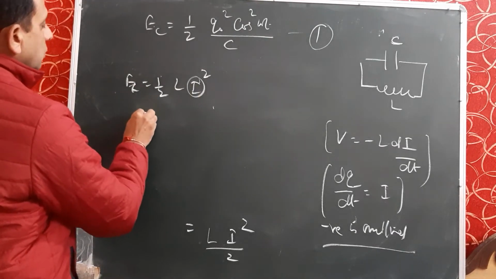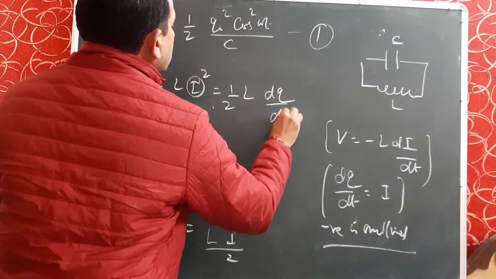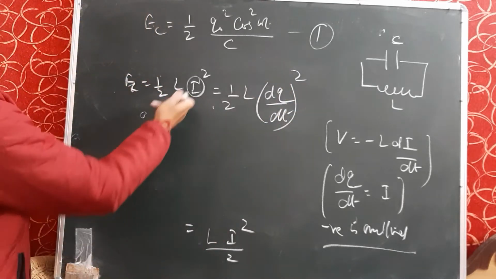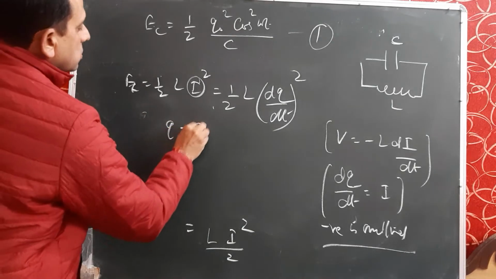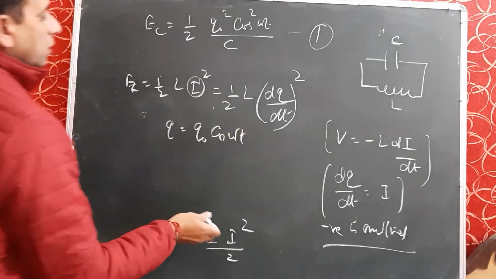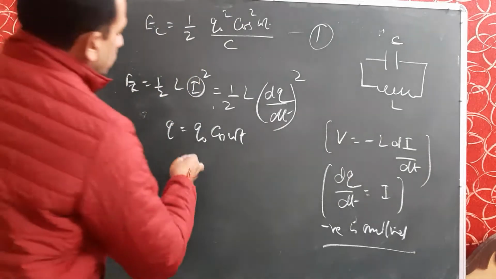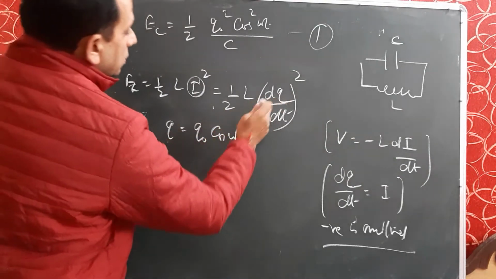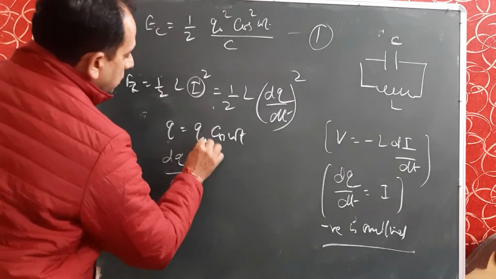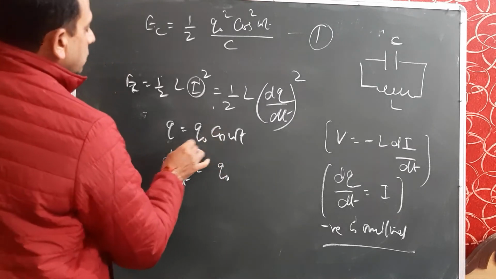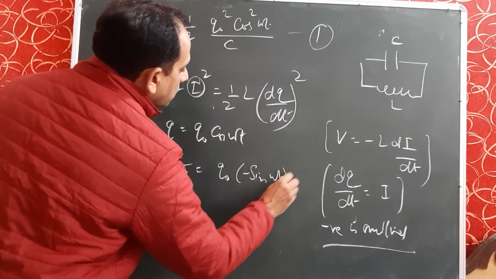Because you know that this I is written as dq by dt, because current is dq by dt, and q is q naught cos omega t. Again I have used this equation for the harmonic oscillator. So, we will put this value of q here. dq by dt becomes q naught, and the derivative of cos omega t is minus sin omega t into omega.